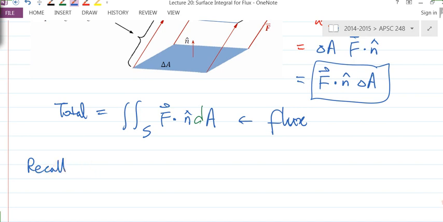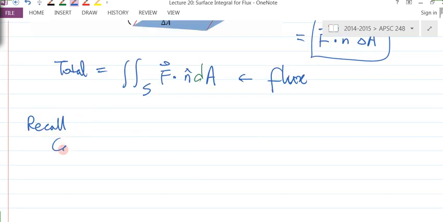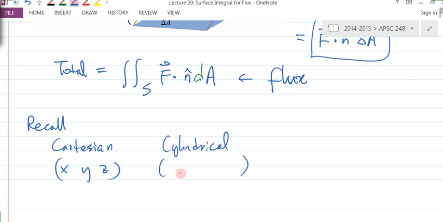If I'm using Cartesian coordinates, what variables do we use? x, y, z. If I'm going to use cylindrical in 3D, what are the three variables? r, theta, z. If it's spherical, rho, phi, theta. So in 3D space, you need three variables to describe a location, right?